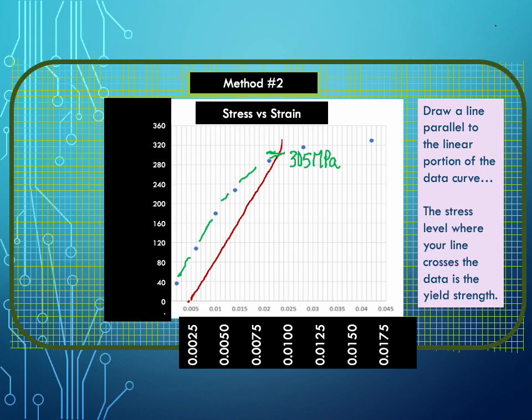Then you'd have to use some curve fitting software to get an equation for the actual data line. But if you can do that, then the point where both equations are equal to one another would actually be the yield strength. I have not had anybody be able to come up with a good predictive equation for the original data set. Because of that, it's necessary to plot this.